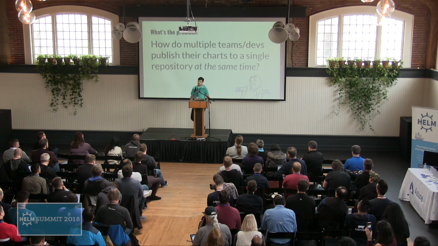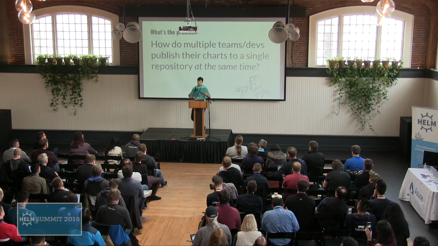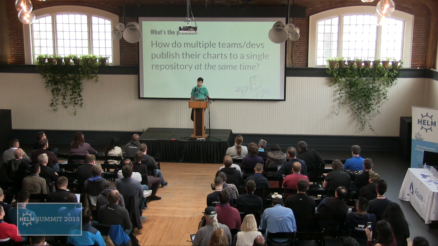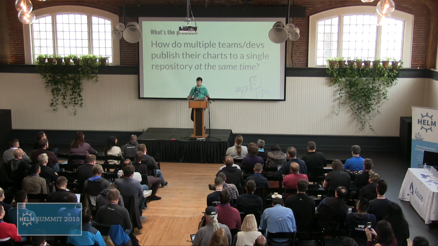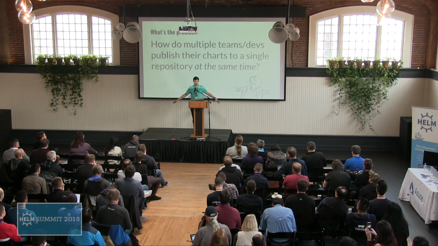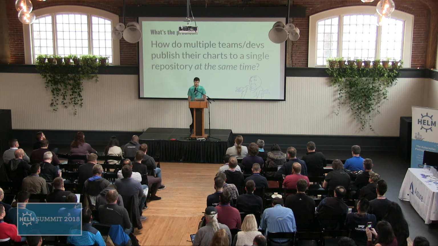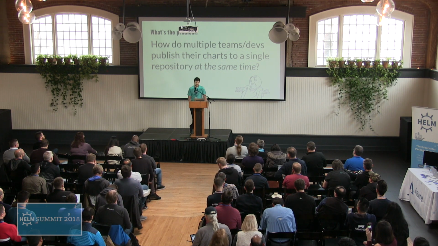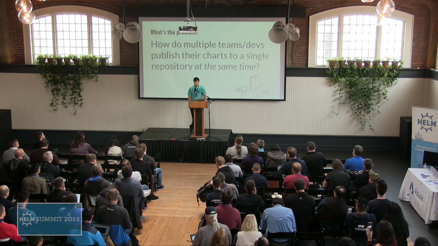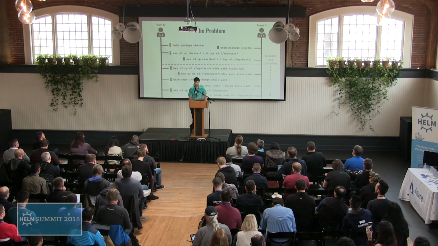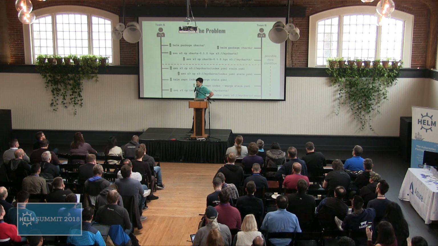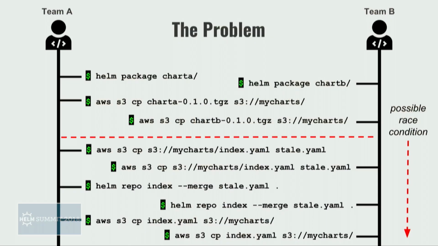If you have a giant Uber chart or you just have a single team, this might not be a problem for you, but at my last job, we had several different Java-based teams that had their own Helm chart, needed to push to a repository for the ops guys to access, and this was a really big problem.